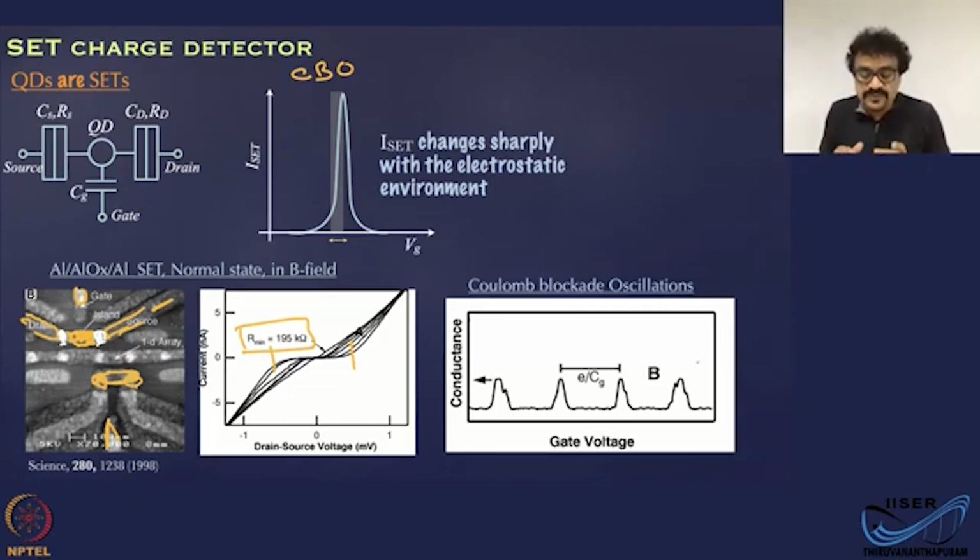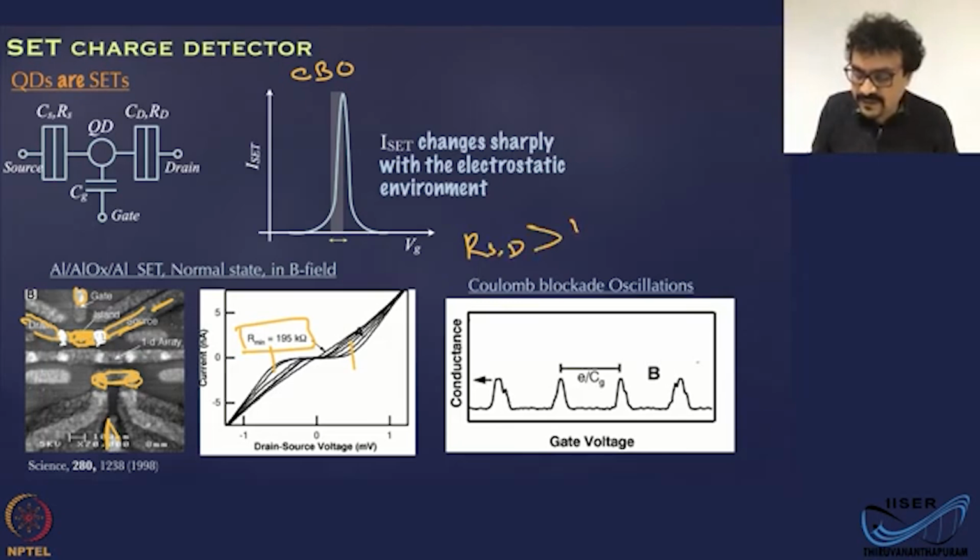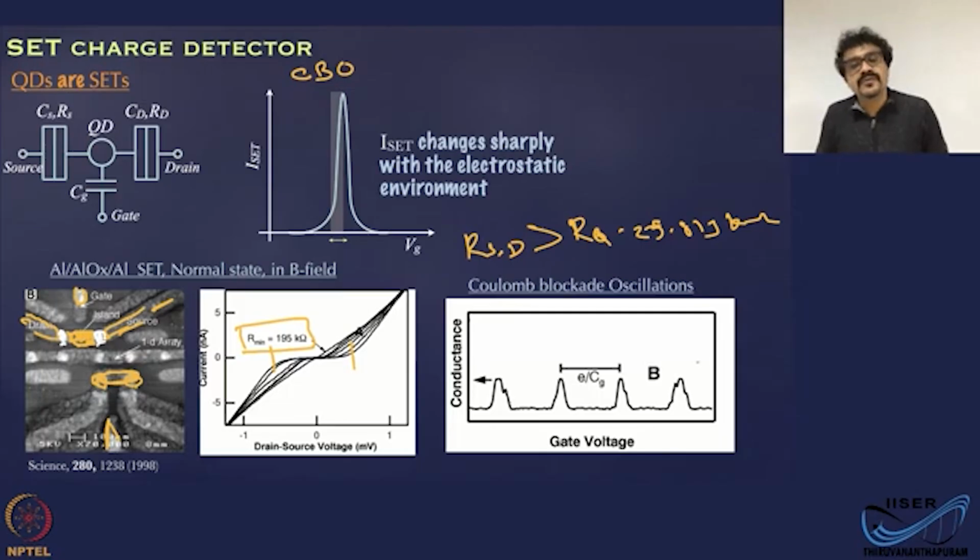So you need to have RS and RD greater than the resistance quantum, or quantized resistance, that is 25.813 kilo ohm, for observing Coulomb blockade oscillations and seeing the charging effects.